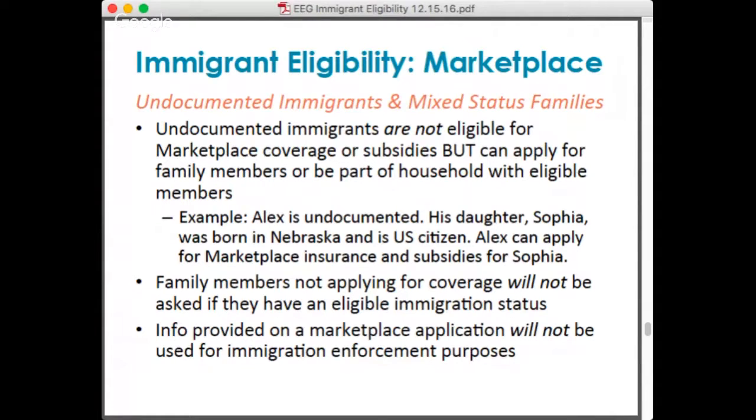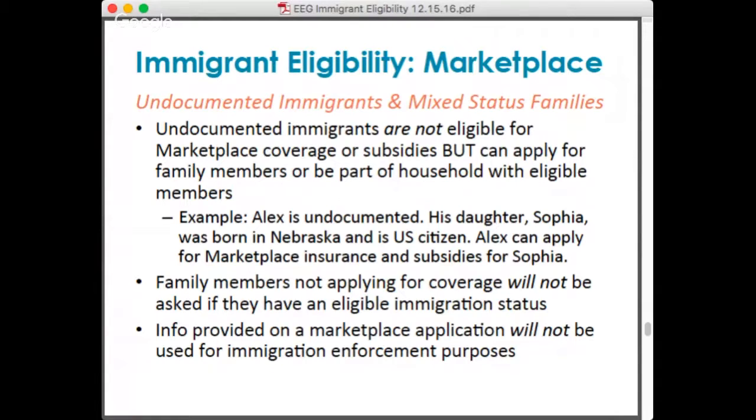And just to say that again, the marketplace can't make an applicant provide information about the citizenship status or immigration status of anyone in the family or the household who's not applying for coverage. So if they're not applying for coverage, that question can't be asked.